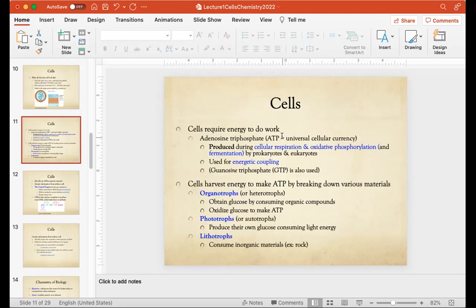That's actually a long, long series of reactions that breaks down glucose down into carbon dioxide and harnesses all of the electrons that were released from the glucose molecule and uses the energy from those electrons to build ATP.